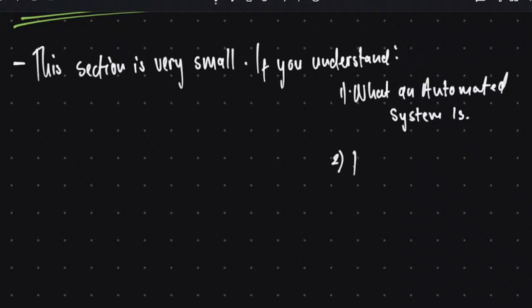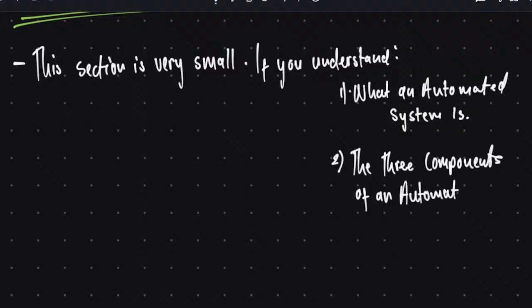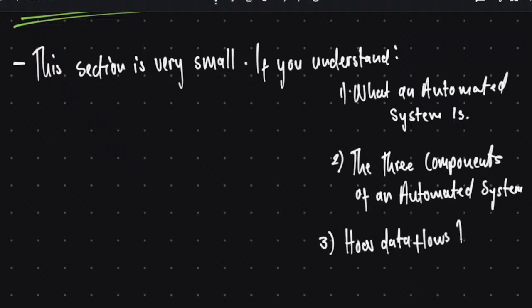the three components of an automated system, and three, how data flows through an automated system.